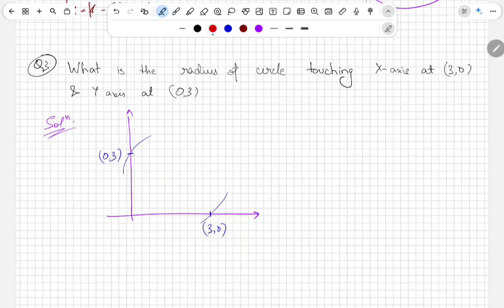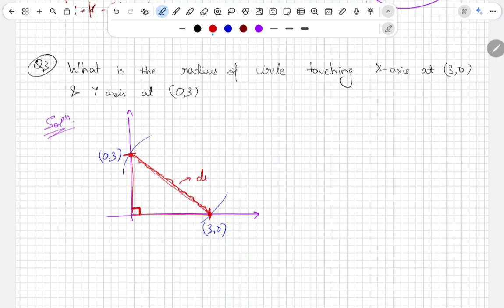Let's do one thing, join these 2 points. On joining these 2 points, I can say that y-axis, x-axis and this joining line is creating a right angle triangle. So if the circle is touching the end points of this line and the other two lines are making 90 degrees, then 2 points lie on a circle and the line joining those 2 points make 90 degrees.